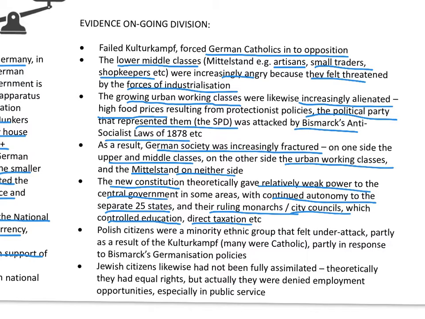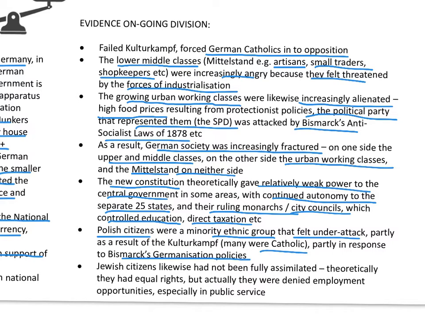So therefore, in terms of budget and money, much of the wealth of the nation was controlled by the separate states. And then, of course, you've got this point about the ethnic groups. Now, in particular, the Polish citizens very much felt under attack. Now, for two reasons, partly because of Bismarck trying to Germanize them, making German the compulsory language in the schools in the Polish regions of the German Empire, which were in the east, but also because many Polish citizens were, of course, Catholic.